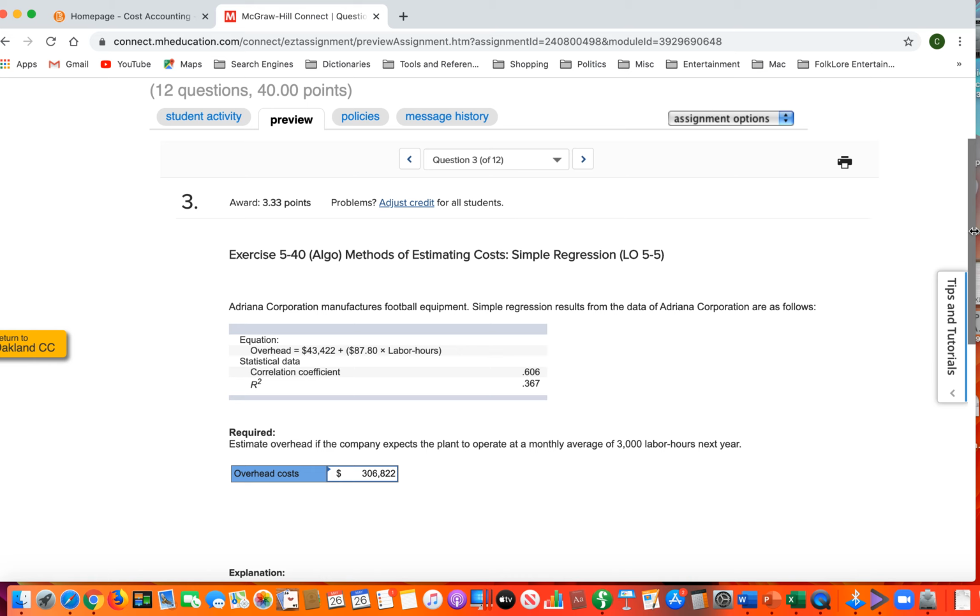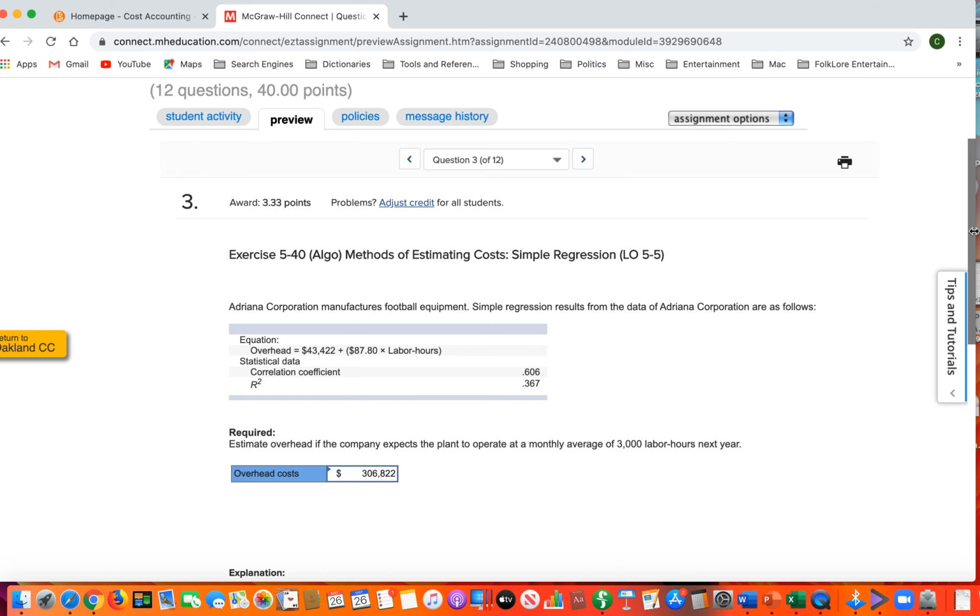Let me say that again. 0.367 is 36.7%, or almost 37%, of the variation or the changes in overhead are attributable to changes in labor hours. The other 63%, some other factors are involved, which are not noted here. Okay? I want you to be able to understand what that means.